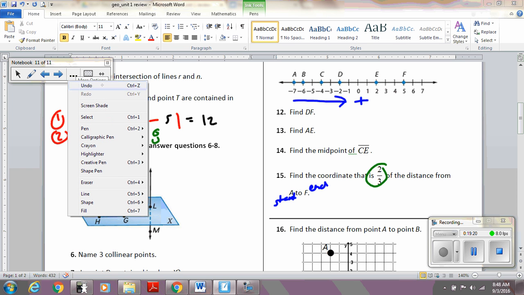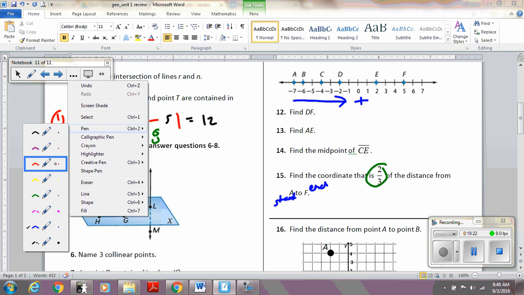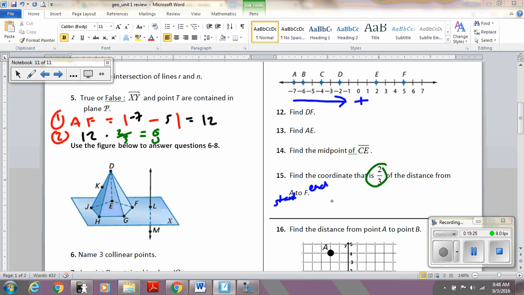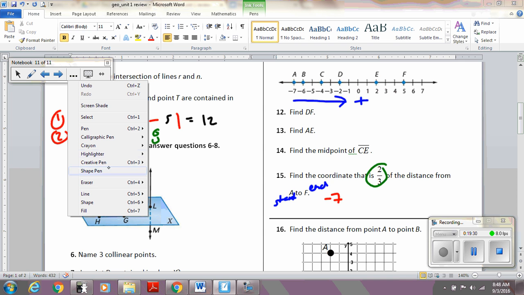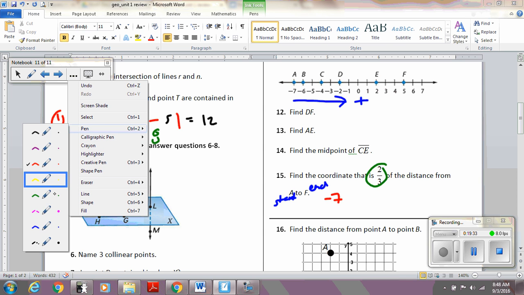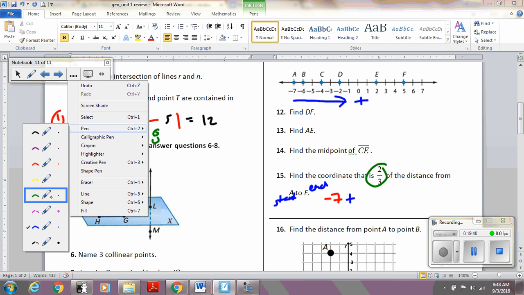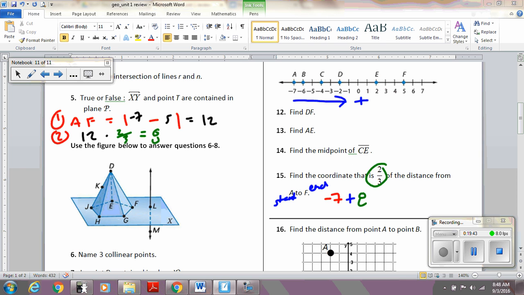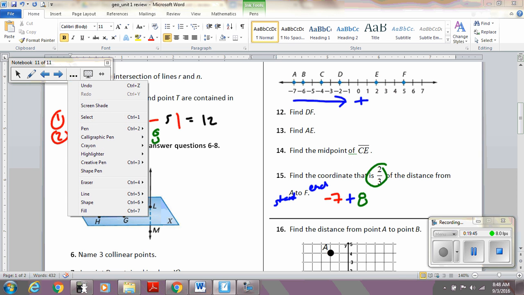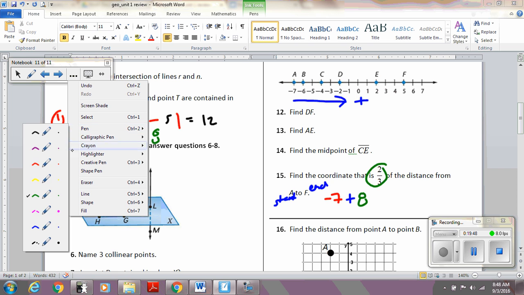So our starting value is point A, and point A is located at -7. And we said we're going to add our fractional distance. Our fractional distance was 8, which is in step 2. So when I take -7 plus 8, I will know the coordinate that I'm looking for, my final result, in other words.